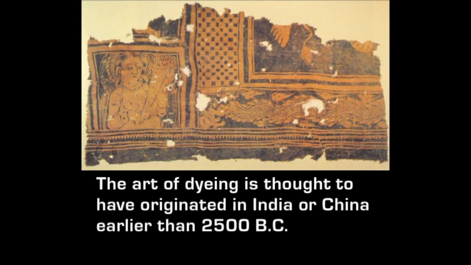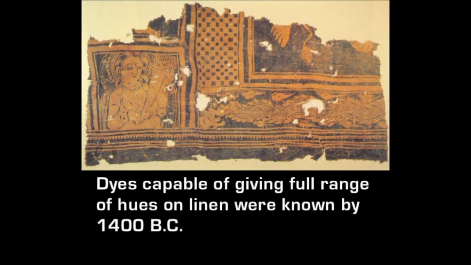The art of dyeing is thought to have originated in India or China earlier than 2500 BC. Dyes capable of giving a full range of hues on linen were known by 1400 BC. Dyed fabrics remained a luxury for a long time, for a few centuries.